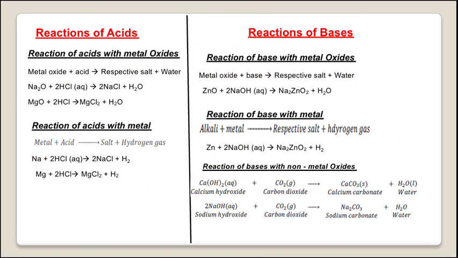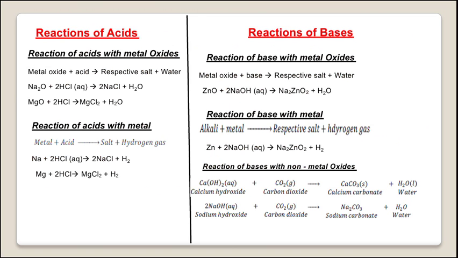Bases generally do not react with metals or metal oxides, but few, like zinc oxide, lead oxide, aluminium oxide, react to produce salt and hydrogen or water respectively. Bases can also react with non-metal oxides. This is an extra feature for bases, whereas acids never react with non-metal oxides.